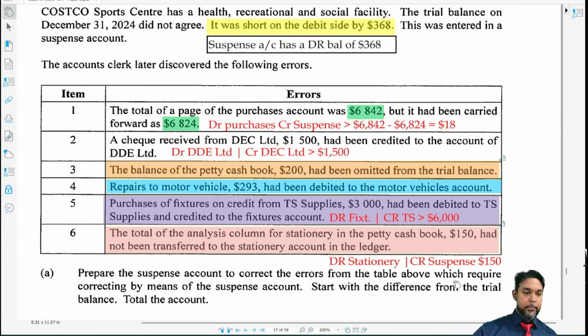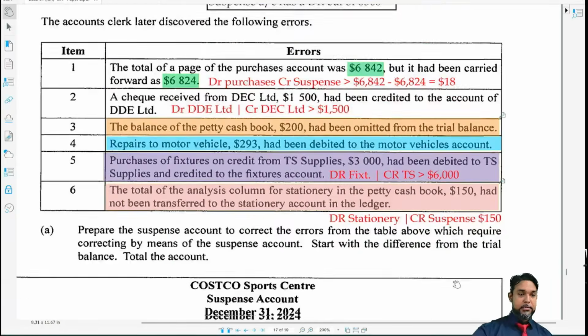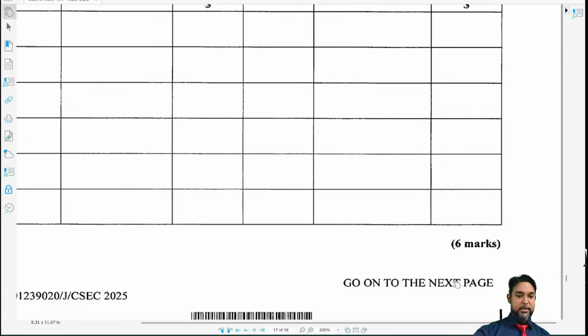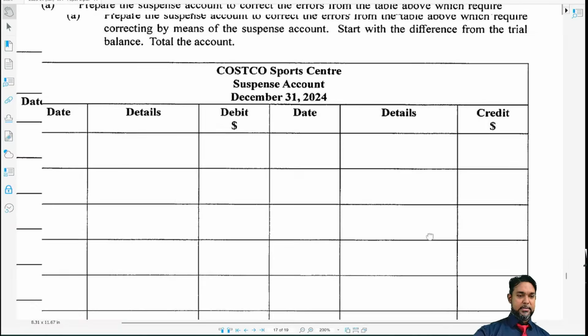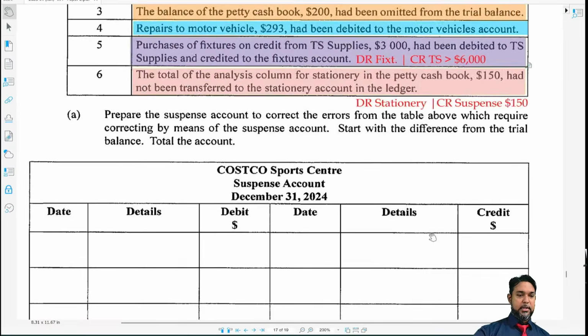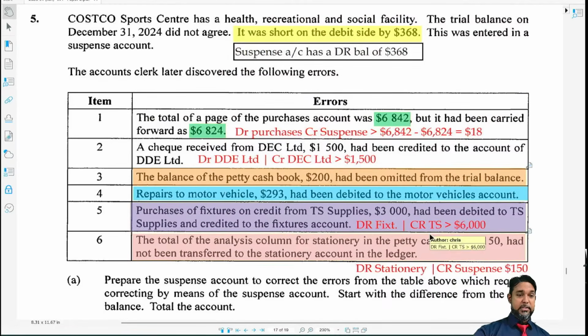Right. Okay. So it says prepare the suspense account. And I give it to you here. 6 marks. Okay. Right. So you're starting with the 360. Well, like I said, you could put 360 on the debit side, but we know we're supposed to adjust it for that number 3. All right.